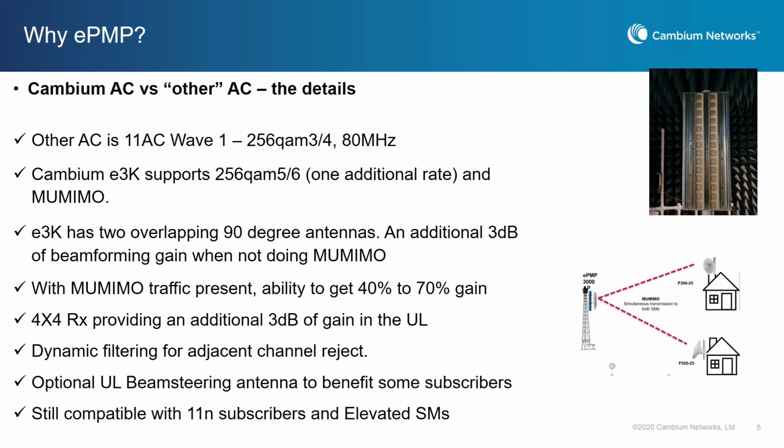And as you can see, by leveraging Wave 2 11AC, we're able to do things like the 256 QAM, the multi-user MIMO, especially using the antennas that I'll talk about here today. We can support the 4x4 receiver, hardware filtering. So we've taken what you might consider a standard 802.11ac Wave 2 and made these enhancements, proven over multiple generations with the ePMP platform.